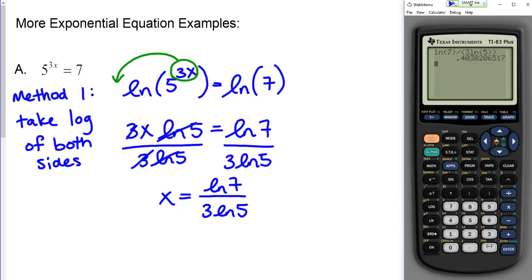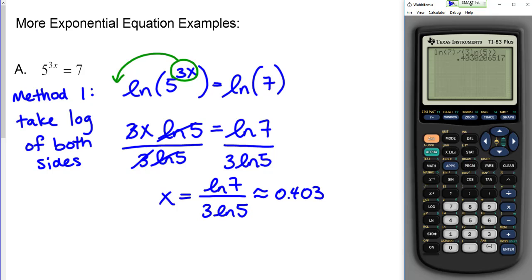So order of operations is important here. And that gives us approximately 0.403. Three decimals or 4 decimals are generally appropriate here, depending on how your homework asks. Just follow those rules. I'll just stick to 3 decimals in my examples.